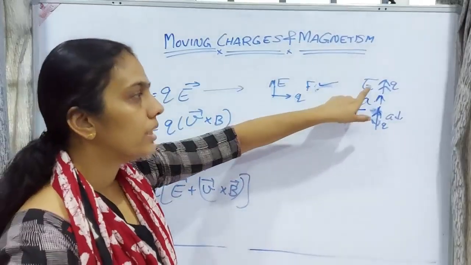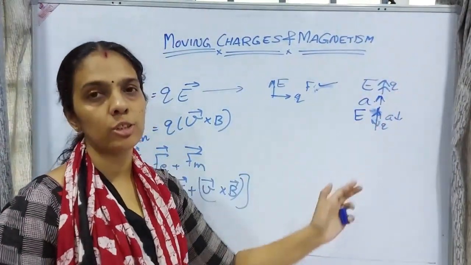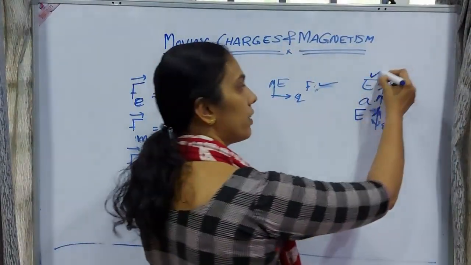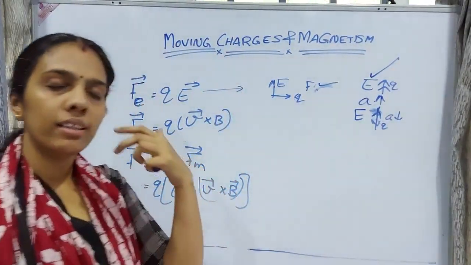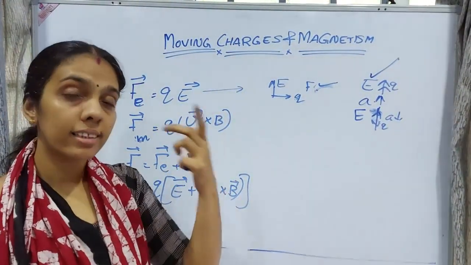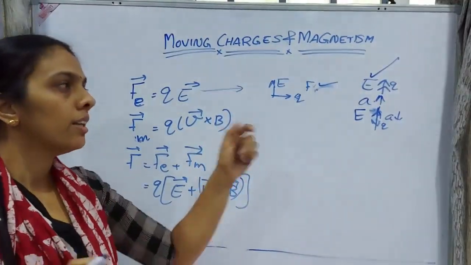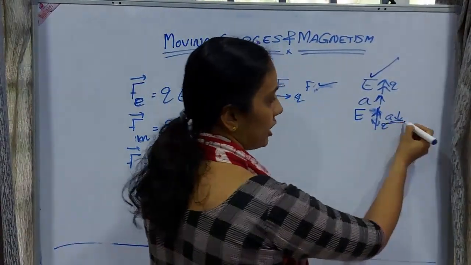If E and Q are in the same direction, it will get accelerated in the direction of the electric field itself. If E and Q are in opposite directions, then it will be getting decelerated, or retardation will happen.